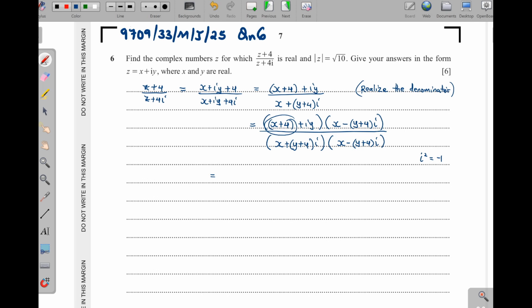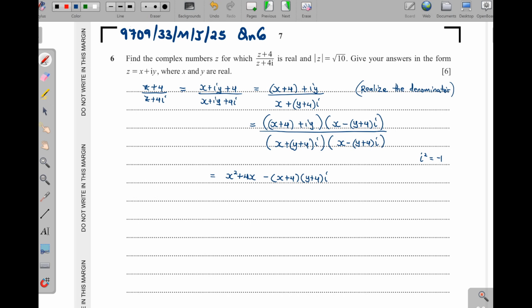Now this is x plus 4 times x. We shall get x squared then plus 4x. Then again, this one here has to multiply with what is here. So we shall have a minus here, okay? Then this one is x plus 4 times y plus 4 what? i.